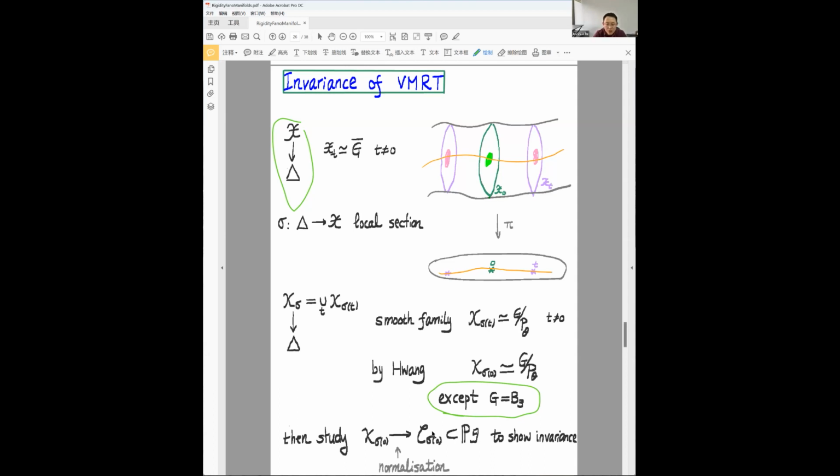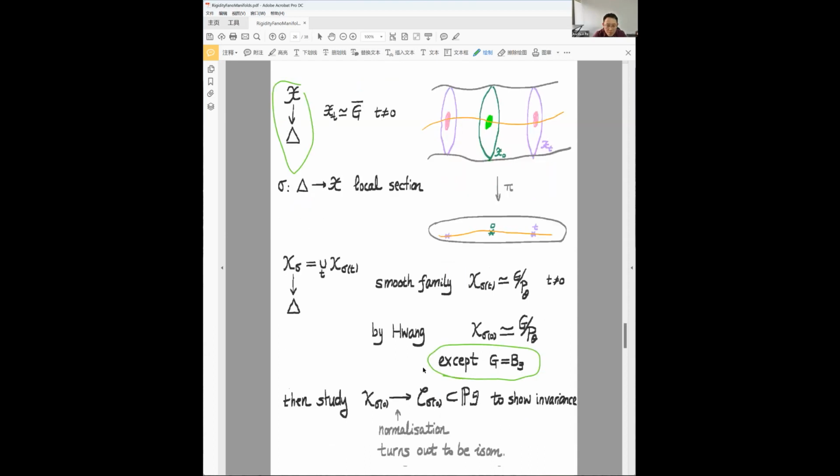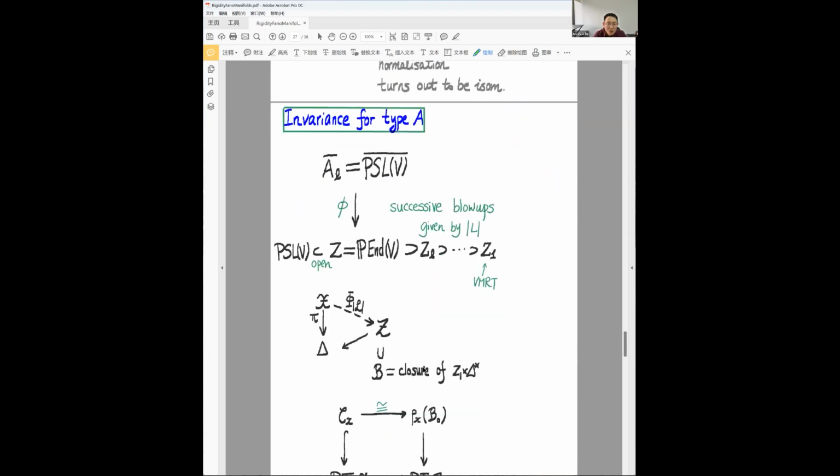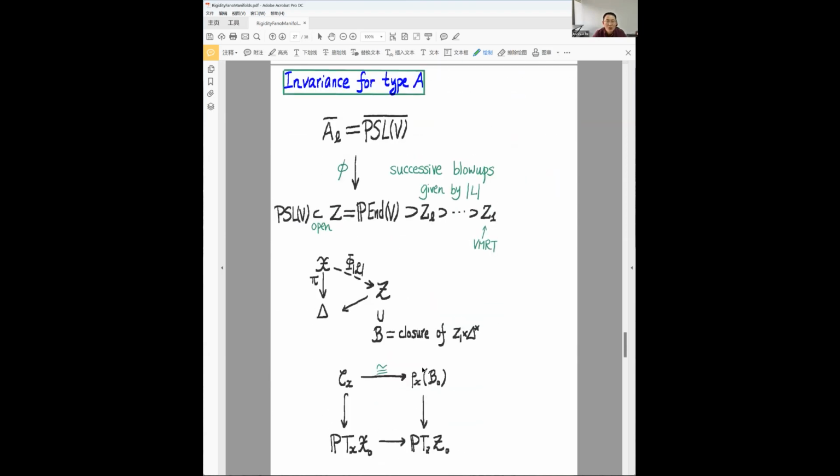And then we need to show not only abstractly that these varieties are the same, but also that the embeddings are the same. Then we need to do a little bit more work to show this invariance in type A, because type A is Pn cross Pn. It's not rigid in general. It's rigid only under Fano deformation, but in our case, this is a deformation of VMRT.